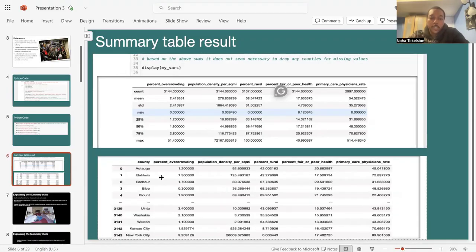And when we go down, we see actually the counties being listed. And next to the counties, we can see their precise measures for each of the variables.